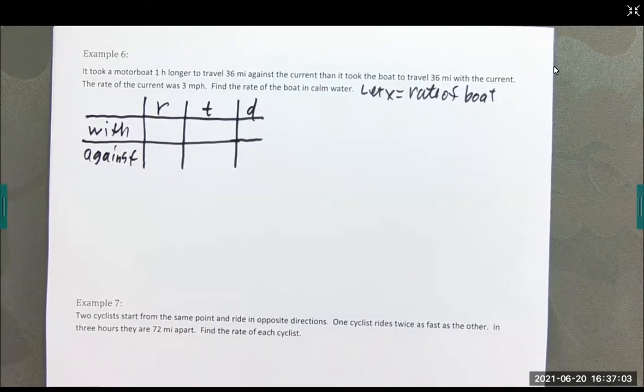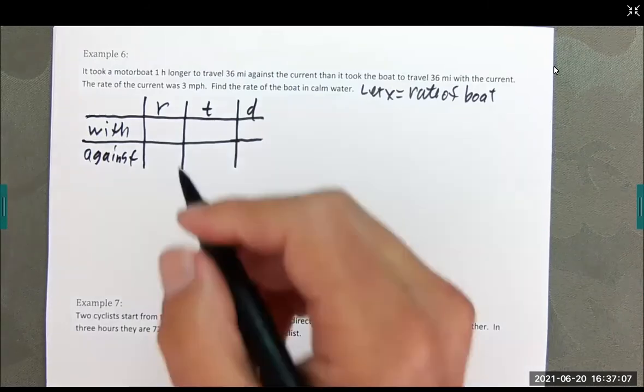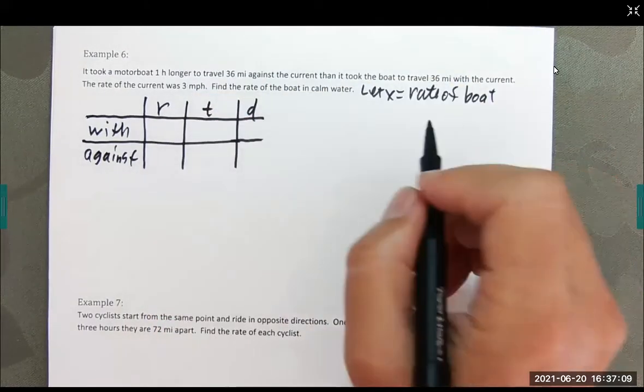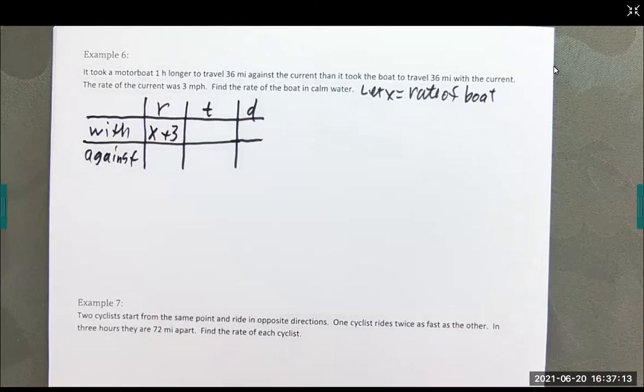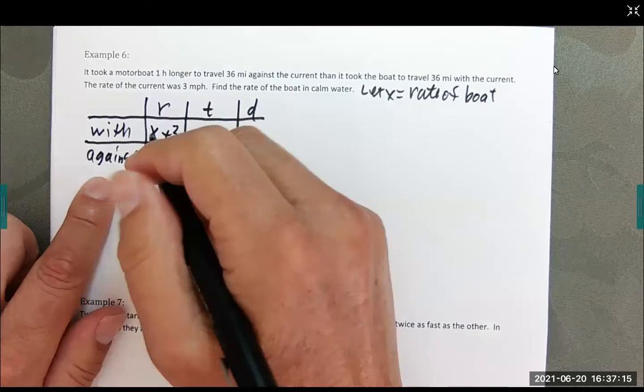All right, so let's start with the rate. With the current, that is going to be the rate of the boat, x, plus the current. Against the current, it's going to be x minus 3.